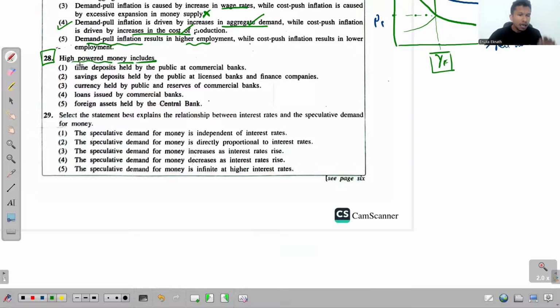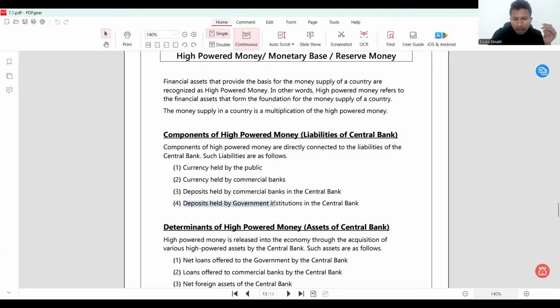Look at this one. High powered money includes time deposits held by the public at commercial banks. Totally wrong, ignorable. Savings deposits held by... see, totally wrong. Currency held by the general public, yes, true. And reserves of commercial banks, that's true, but one is still missing. And what's this missing one? The missing one is this last one, deposits held by government institutions in the central bank.